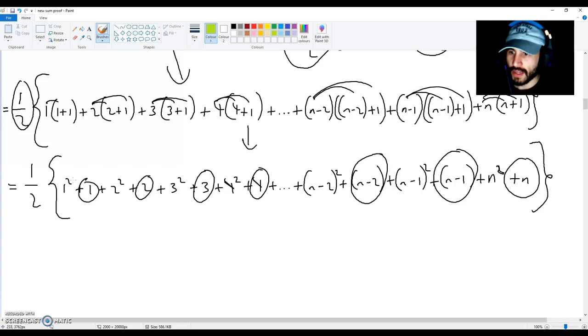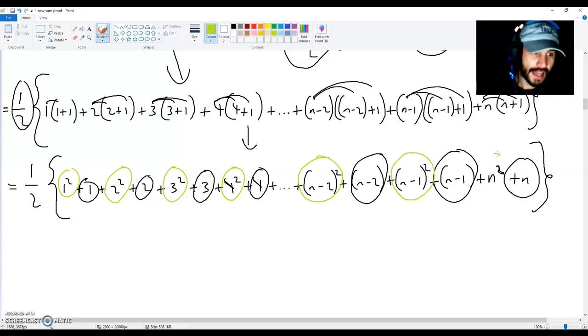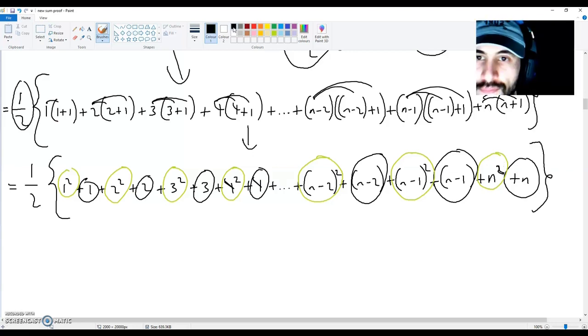Similarly, we have a 1 squared, a 2 squared, a 3 squared, a 4 squared, an n-2 squared, an n-1 squared, and an n squared. So when we organize, we are going to put these numbers into 2 separate components.